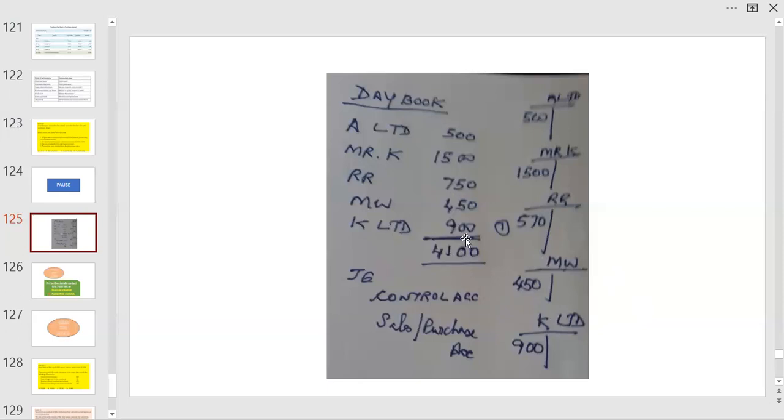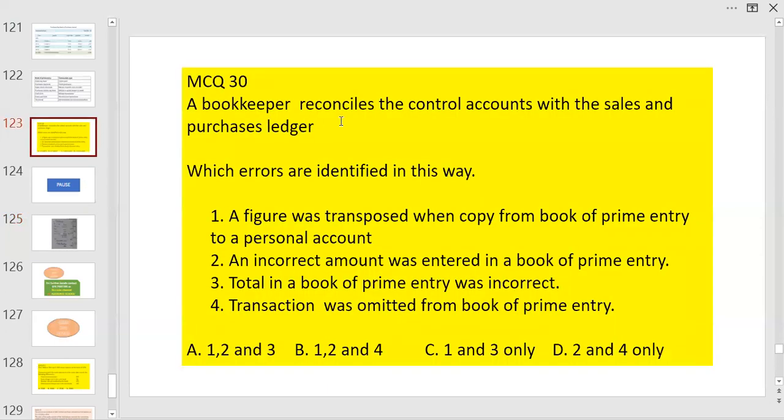Because the totaling here is wrong, it will appear as 4,700. Therefore, there will be a difference between these two accounts. So that will be noticed when the bookkeeper does the reconciliation.